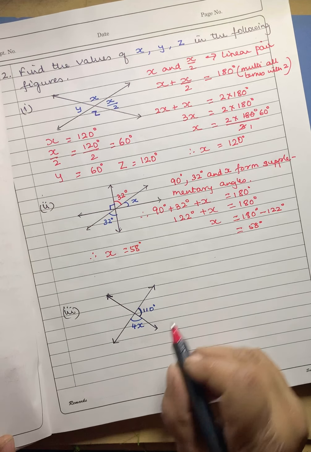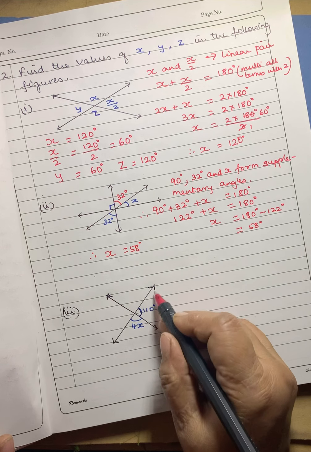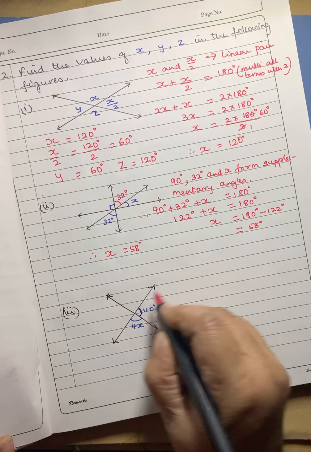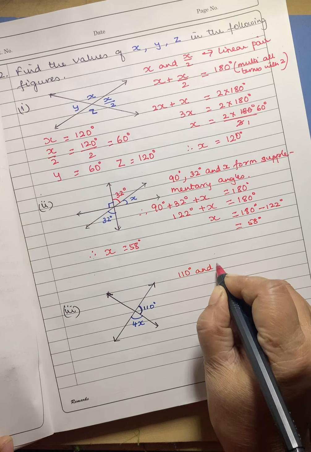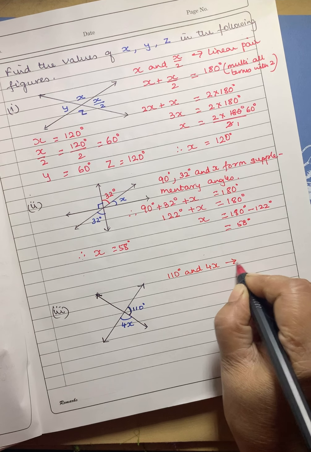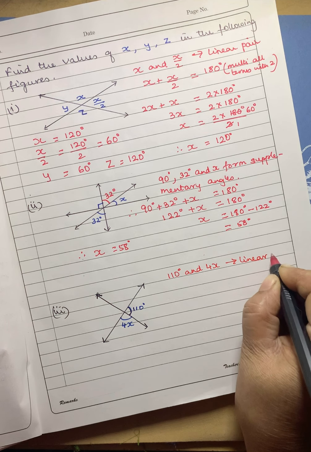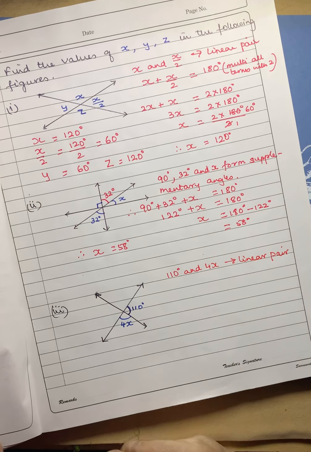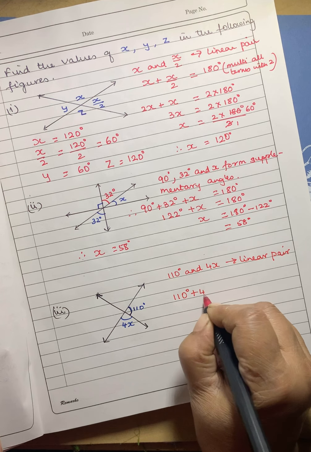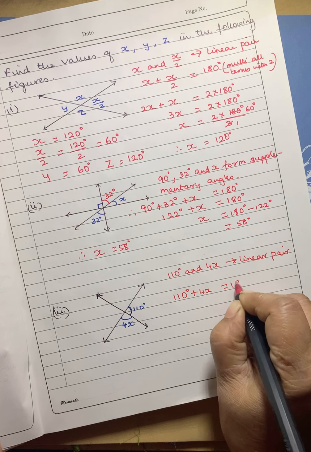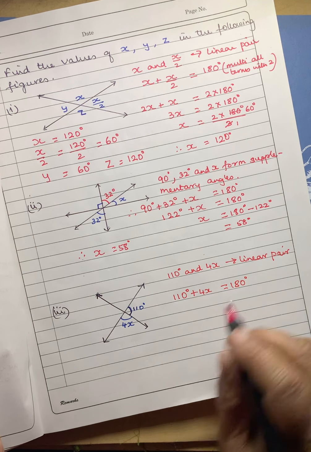This one, 110 and 4x on a straight line. So 110 and 4x are a linear pair. Right? So what do we know about linear pairs? If you add them, it will be equal to 180 degrees.